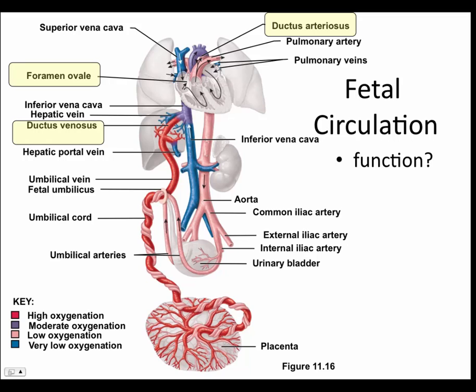If we look at the circulation in a fetus compared to an adult, we know that they're very different. And so in a developing fetus, we're able to give direct oxygen from our mother's blood into our fetus as blood is able to cross from the mother through the placenta. And really the placenta is this sac where nutrients and oxygen are able to cross through. And because of that, we don't need the use of the lungs, nor do we need the liver to break down all those nutrients for the developing fetus.